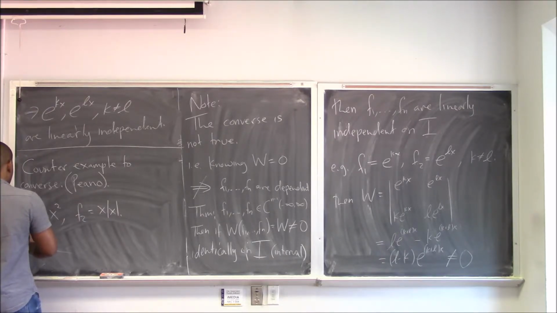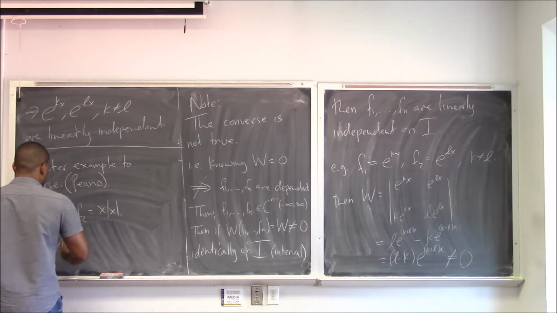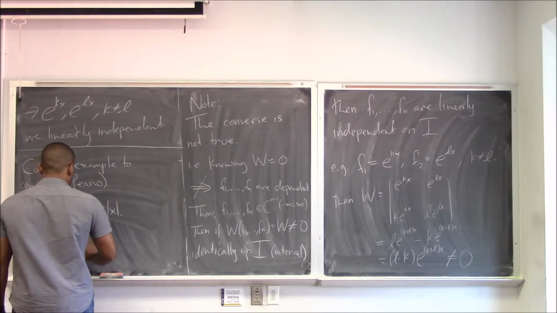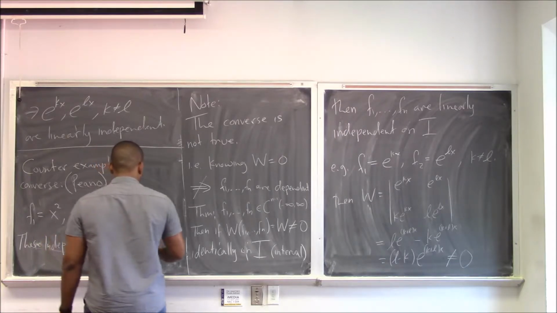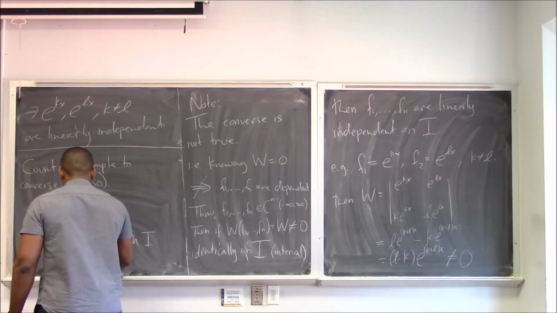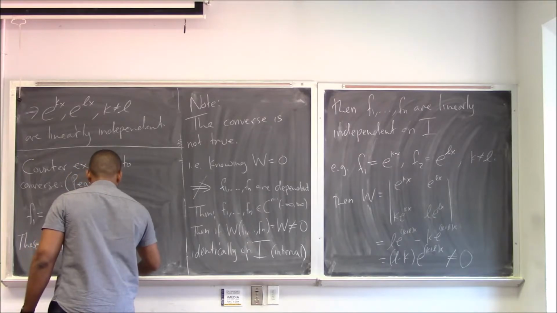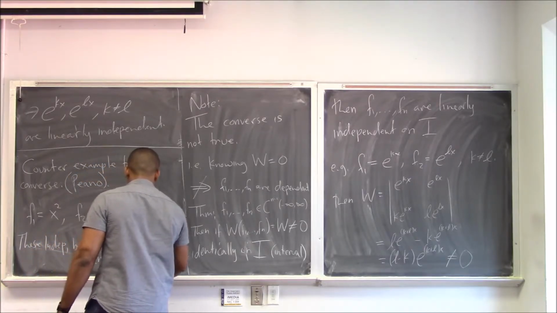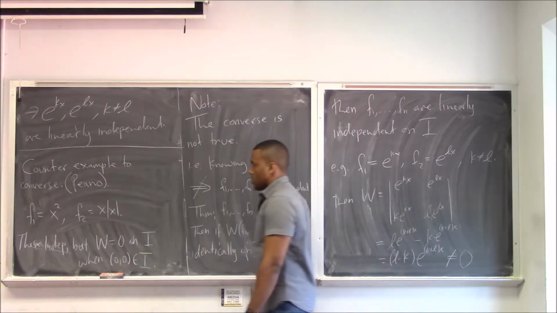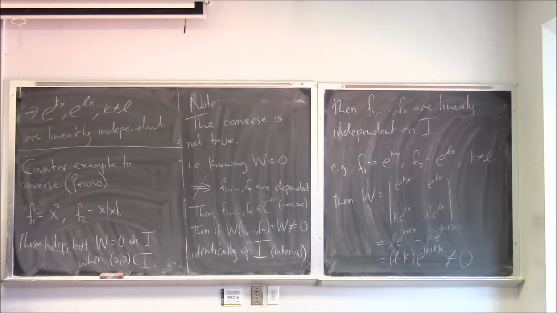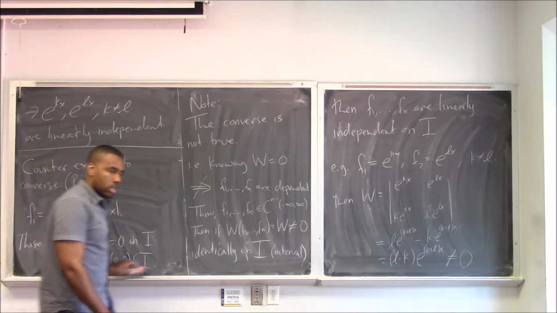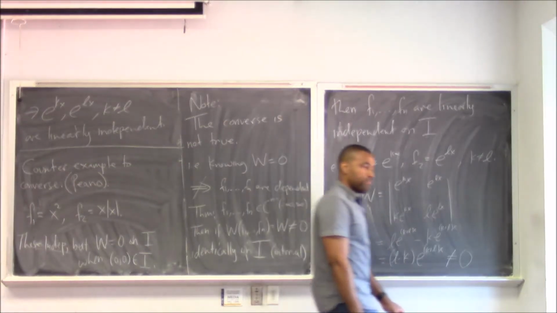Turns out that the Wronskian will give us 0 on any interval that contains 0, but it turns out that they're linearly independent on all such intervals, right?